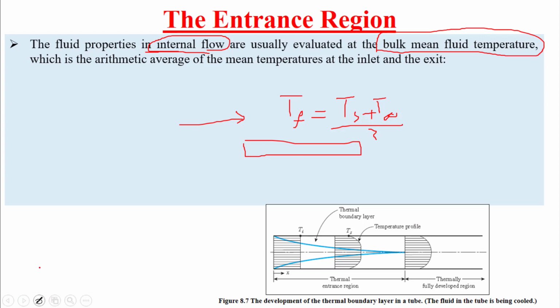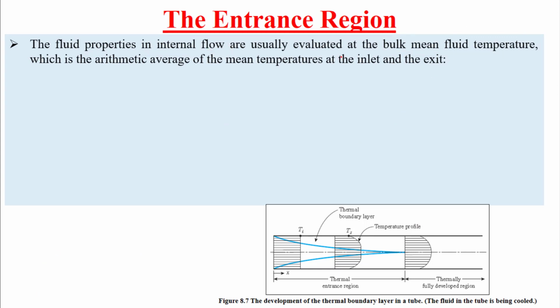Now in internal flow, we have something similar, but we call it the bulk mean fluid temperature, with the symbol T bulk, which is the arithmetic average of the mean temperature at the inlet and the exit. So T bulk is equal to T mean inlet plus T mean exit divided by 2.